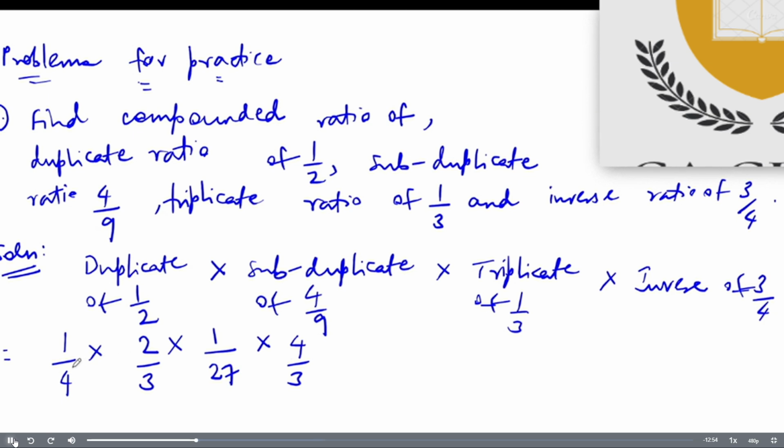So here we have 4 and 4 get cancelled, and then we have 8 by 9 into 27. 8 by 243 is the answer. Now let us take one more question for practice.